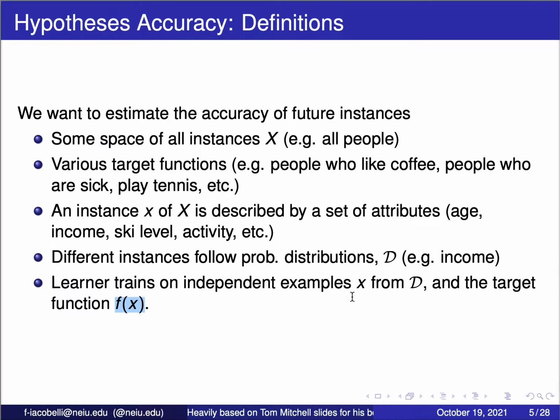So for example, I can have examples of patients taken from a hospital, so that would be a real distribution, right? And the function, the diagnostic, is what the doctors have said, right? That would be some data on which I can train.